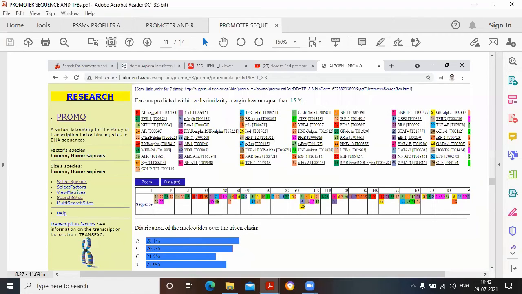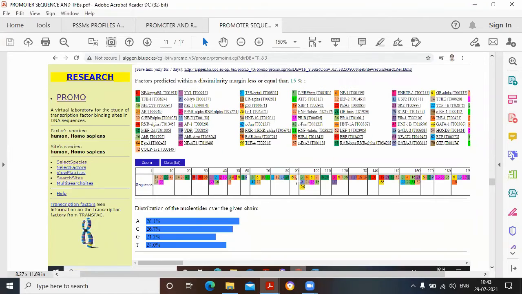Similarly, 26 means it has the tendency to bind within 90 to 100 in this region. That way you can analyze the various transcriptional factors that tend to bind this upstream region of your analyzed gene sequence, and complete your result.